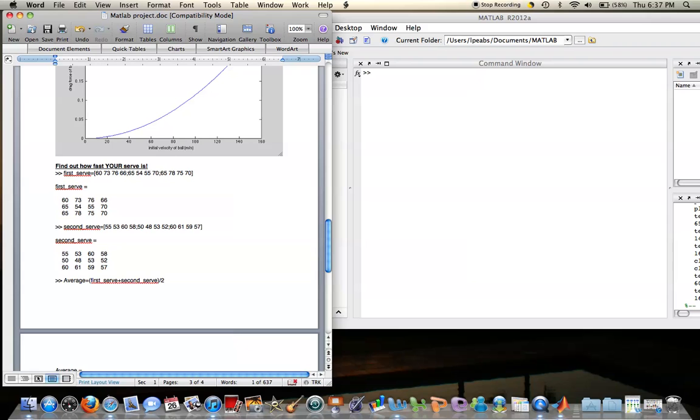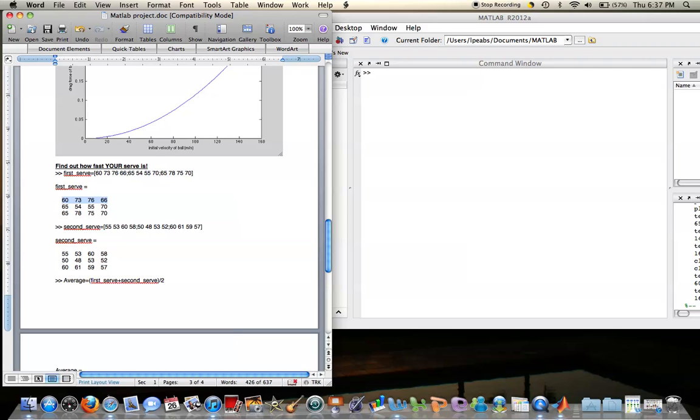So it's a very important aspect of the game. And in each game you typically have about 4 serves. So here I just put average numbers that say a varsity high school tennis player would have: 60 miles per hour, 73 miles per hour, 76 miles per hour, etc. And then here it comes out.